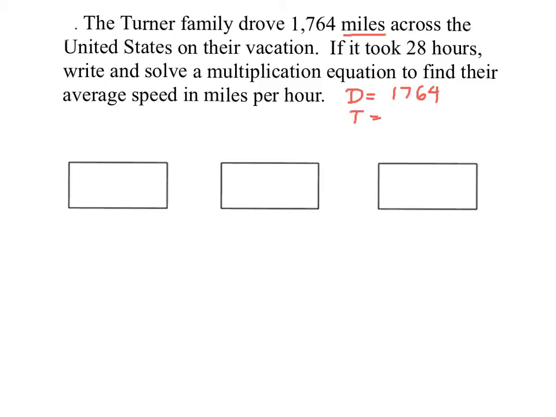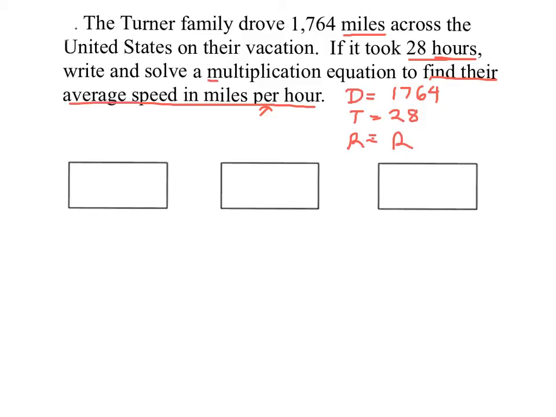My time, if I keep reading, it said it took 28 hours, so 28 would be the time. And the rate, if you read the problem, it says find the average speed in miles per hour. There's that word per. So I don't know what it is, so I'm going to call it r. Let's keep it as a variable.